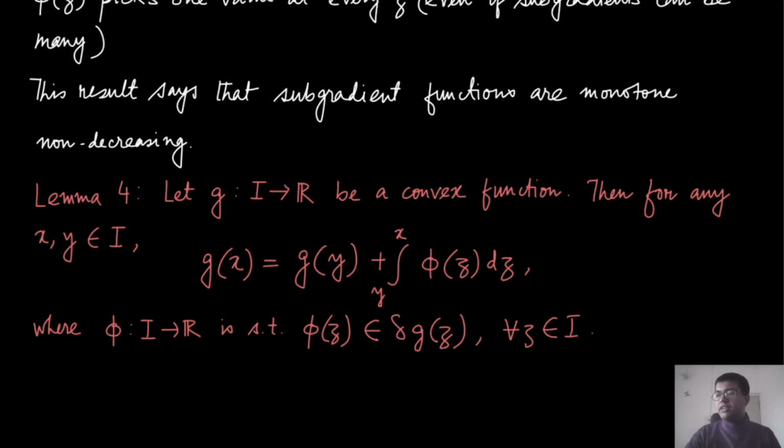If you are trying to find the value of g of x, then you can start at y and take the integral of that subgradient function from y to x, and that will be equal to the value of g of x, where this function phi is essentially a subgradient function.